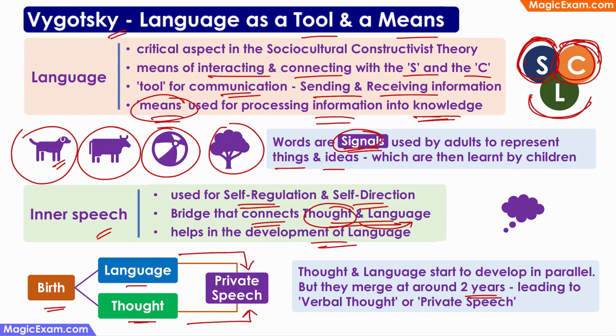And private speech becomes silent inner speech as the child grows older, because the child now is self-conscious and doesn't want others to hear his or her thoughts. So the private speech may continue for the rest of the person's life, just that it becomes silent inner speech. So this is Vygotsky's theory on the development of language in children.